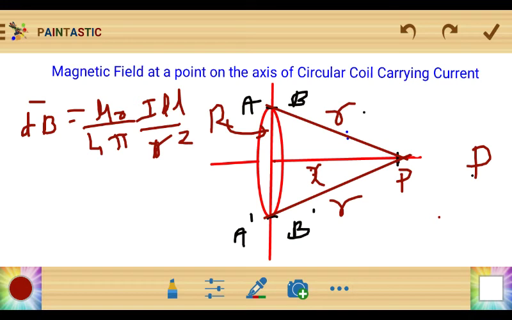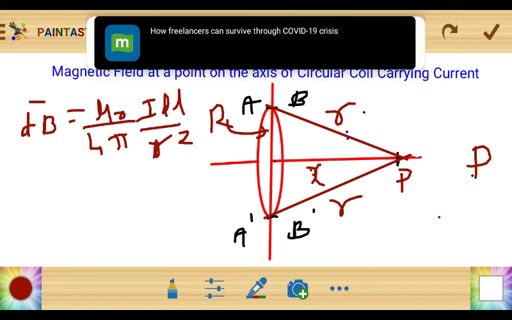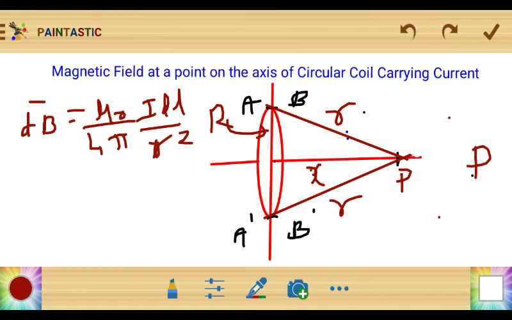Similarly this is for the AB current element, and it is the same for A dash B dash as well. Why have I not put the sine? Because theta is 90 degrees, and sine 90 is 1. If you look at the current element AB and the line AP, you will find they look like this.